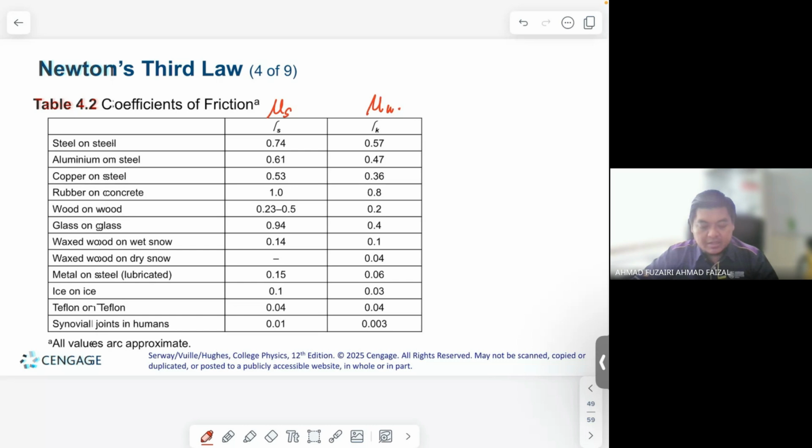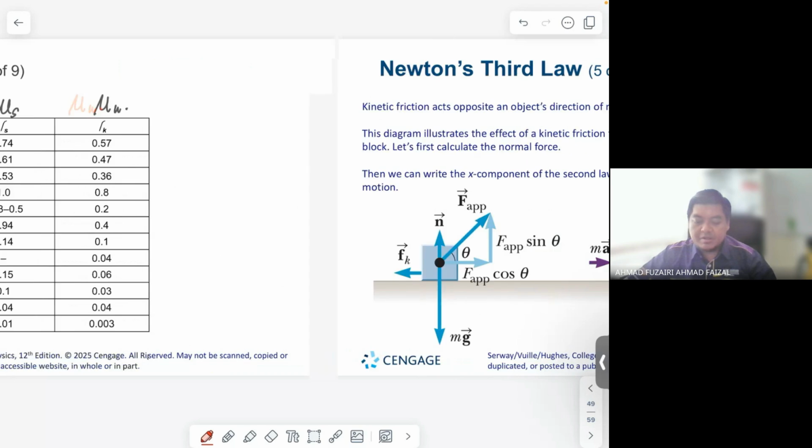This table shows the coefficients of static and kinetic friction between the contact surfaces of the object and the surface, maybe the floor, rubber, or steel.